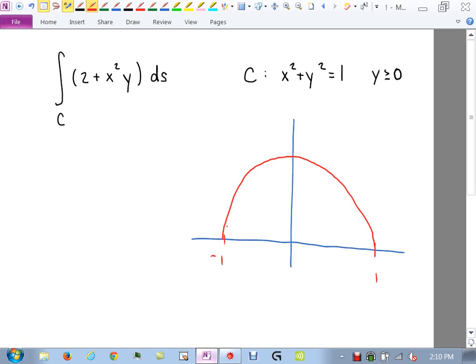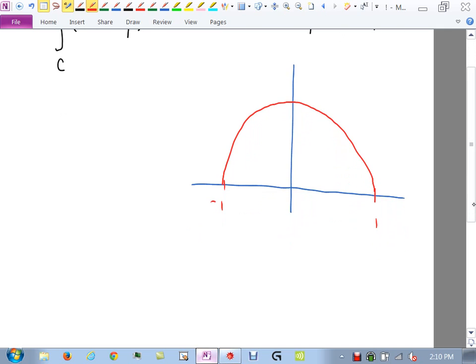Now what I need to do is come up with a way of representing that curve where x and y are both functions of t. In other words, in order for me to know what x is, someone gives me a t. Whatever y is, someone gives me a t. So what can I use? We've used things like this before.